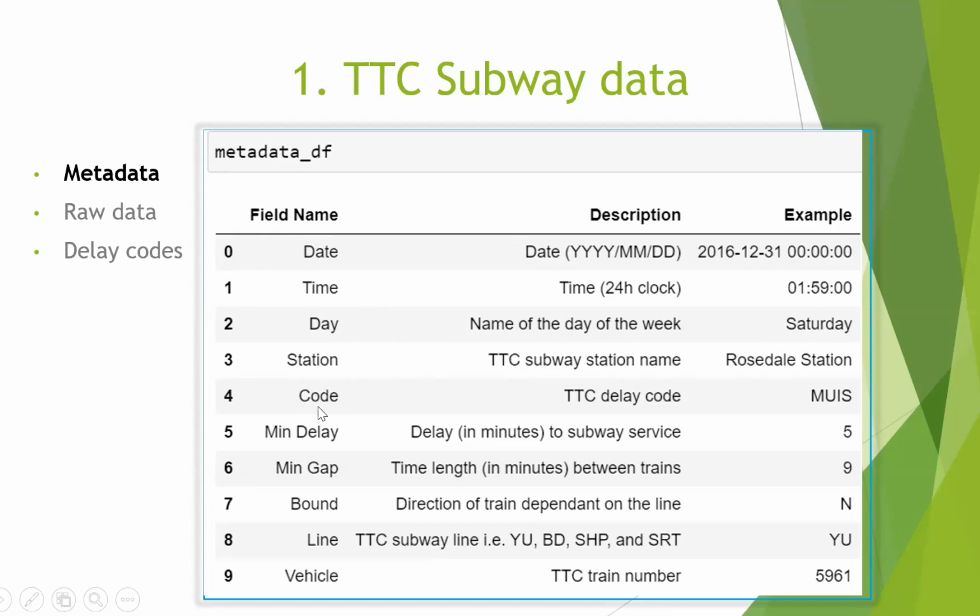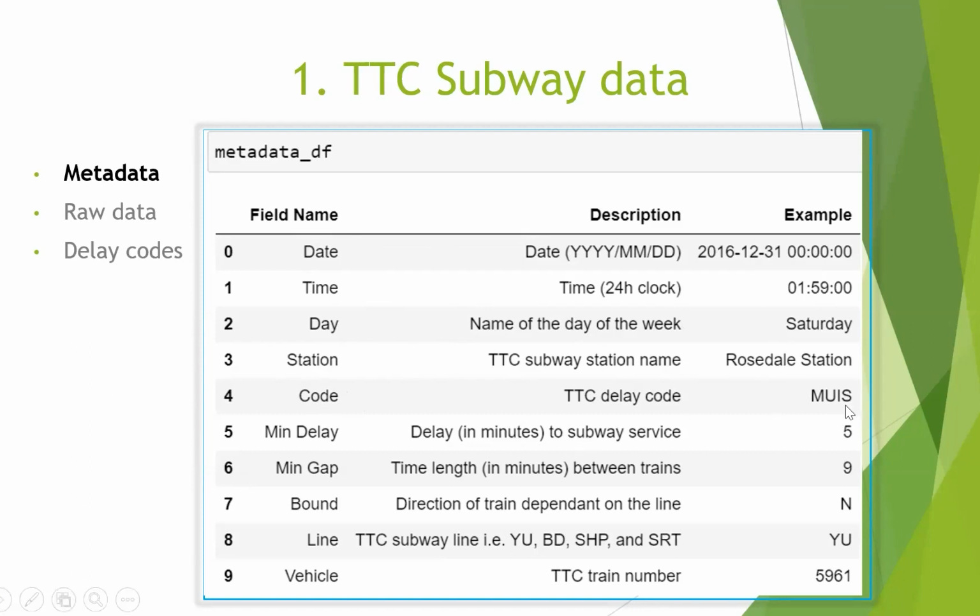Now, this is very interesting. The metadata, or the raw data, as I'm going to call it in my actual code, has this field called code. And you can see an example of a value in it. It's called MUIS. This particular column is nothing but a series of abbreviations.